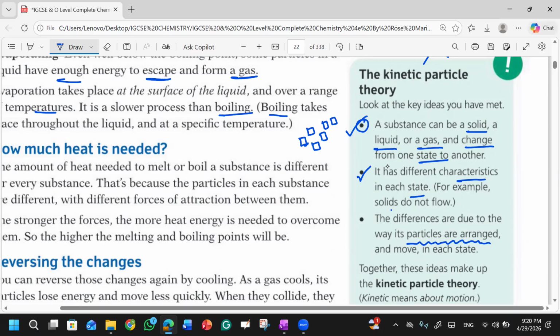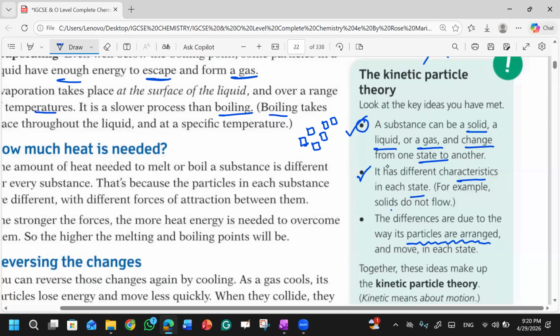Okay, next. And for gas, it's like randomly arranged, all the particles are far apart from each other. Why are they far apart? Because it has a low force of attraction.